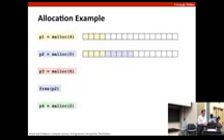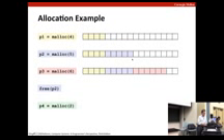Then we call malloc again to get a 5-word block. So it just takes one of the free words and allocates it. We call malloc again to get a 6-word block. And then we free the block that's pointed at by p2, this purple block.